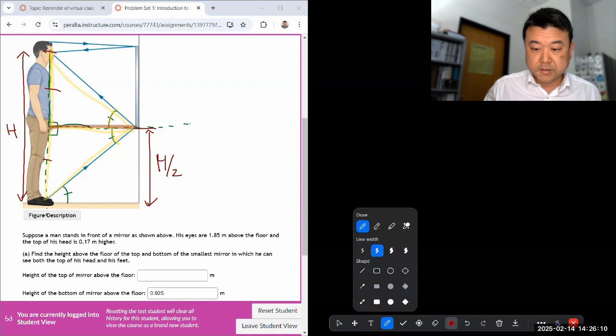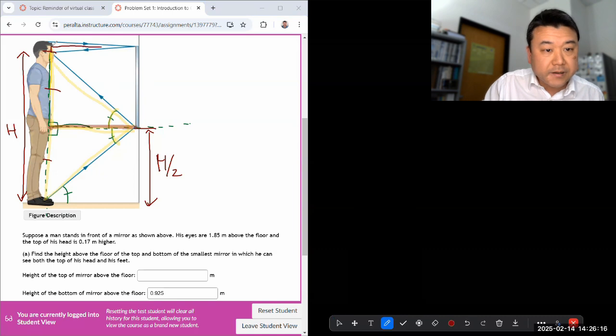But I can just label. The same argument as what I made here will apply for this very narrow sliver of right triangles. And it does amount down to when you have this total distance of delta x to the top, then from the top of the mirror to the height of his eye, this distance will be that delta x divided by 2.